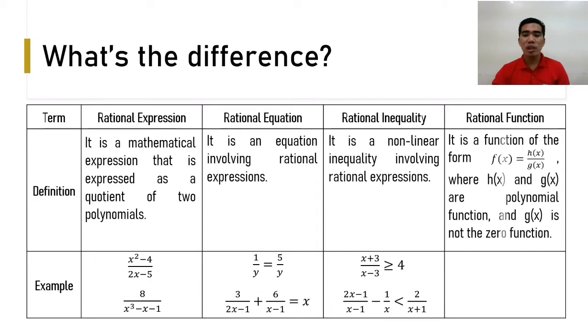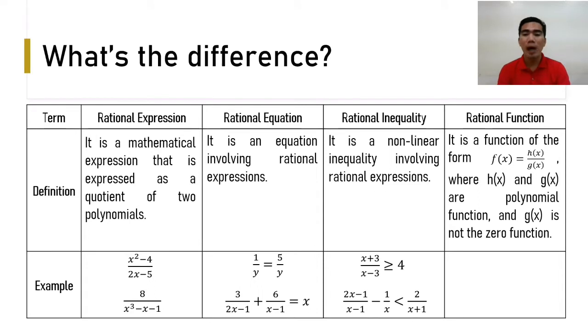When we say rational function, it is a function of the form f of x equals h of x over g of x, where h of x and g of x are polynomial functions and g of x is not equal to 0.